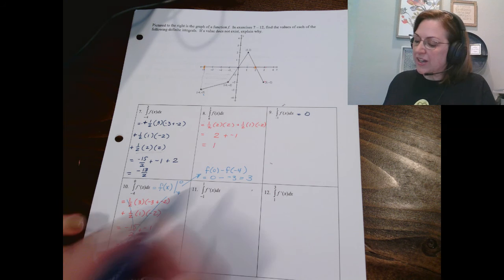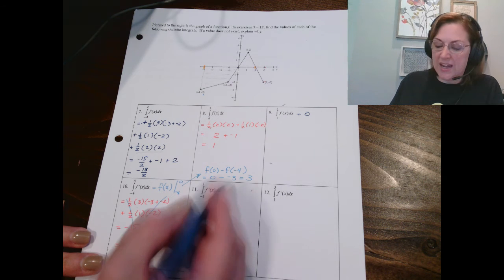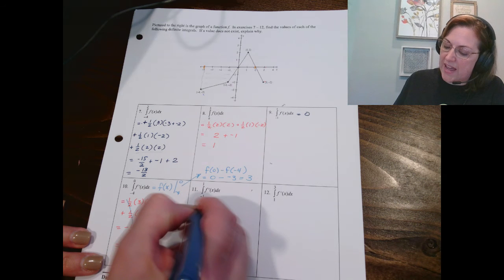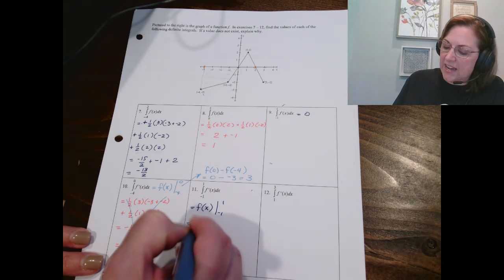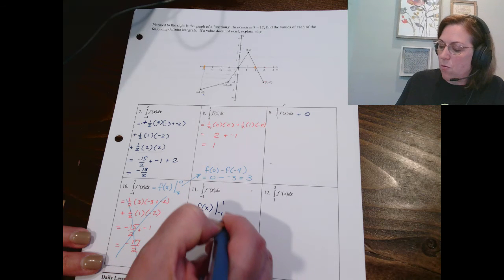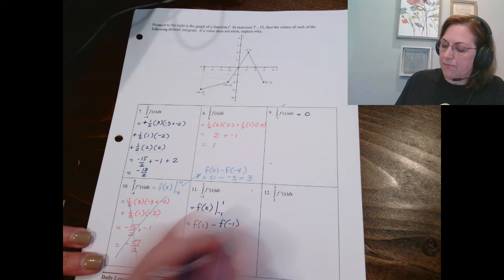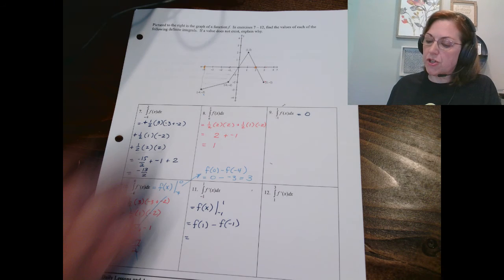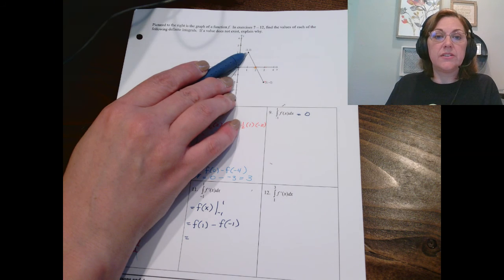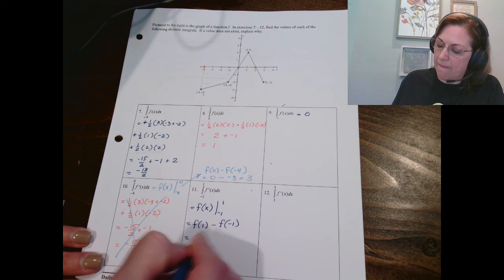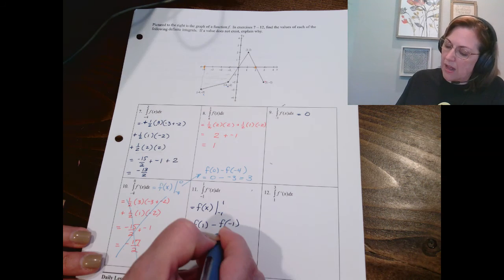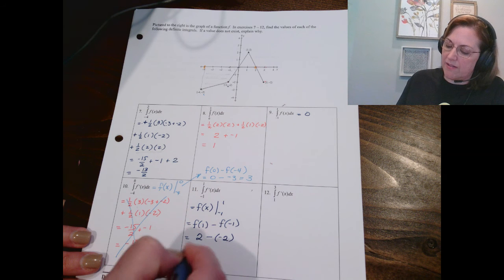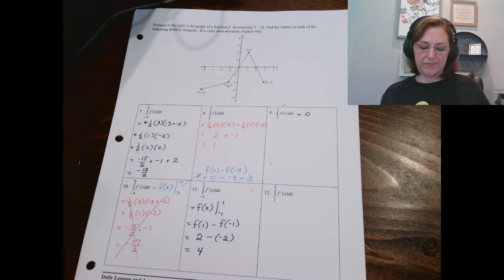Okay, look at number 11. Same story. Antiderivative of f prime is f. Now let's plug in our function at 1, our function at -1. Function at 1 is 2. Function at -1 is -2. Notice I'm looking at the y values there, so I get 4.